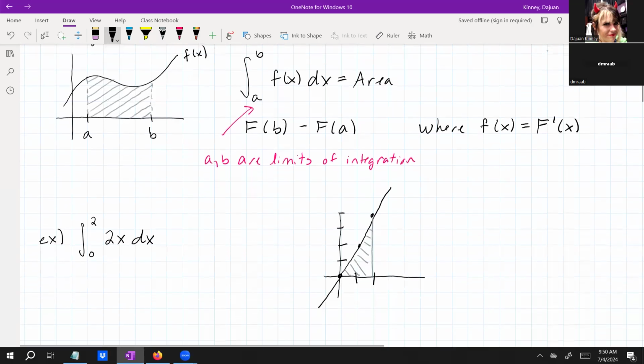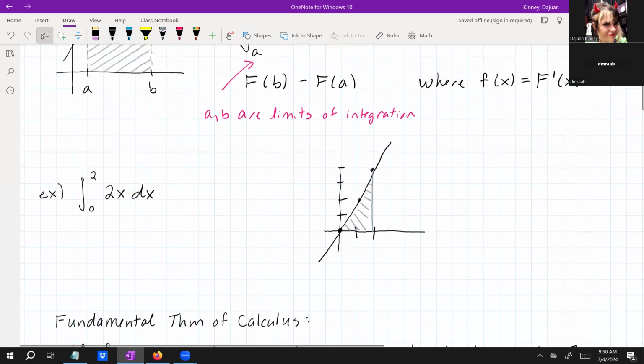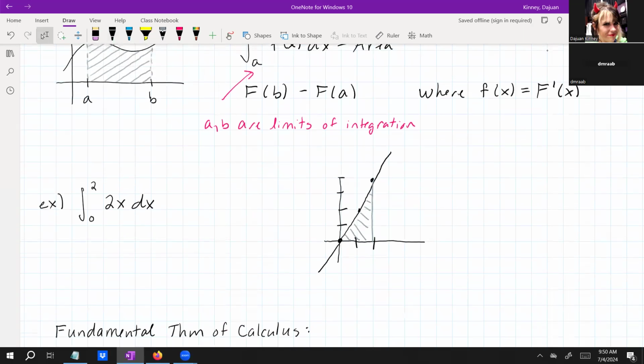So I really just have some examples with this, and then the fundamental theorem of calculus, which is kind of what we're doing already. So let's say we have a line 2x, which I have drawn over here to the right. We want the area underneath that line, and the area underneath goes to the x-axis. So we can clearly see that this is a triangle. Area of that is 1/2 base times the height.